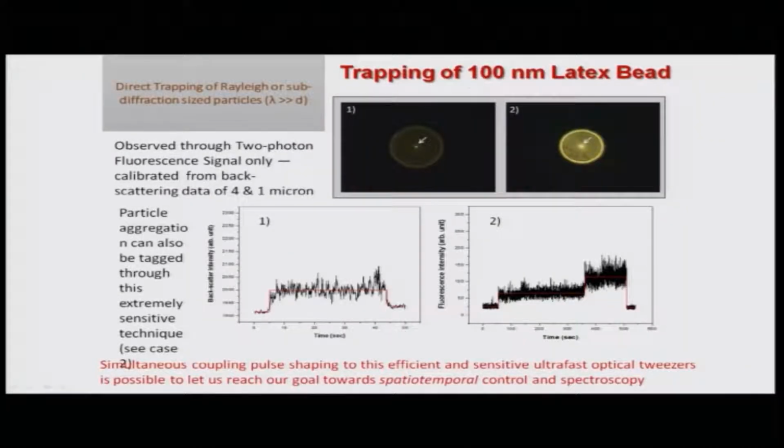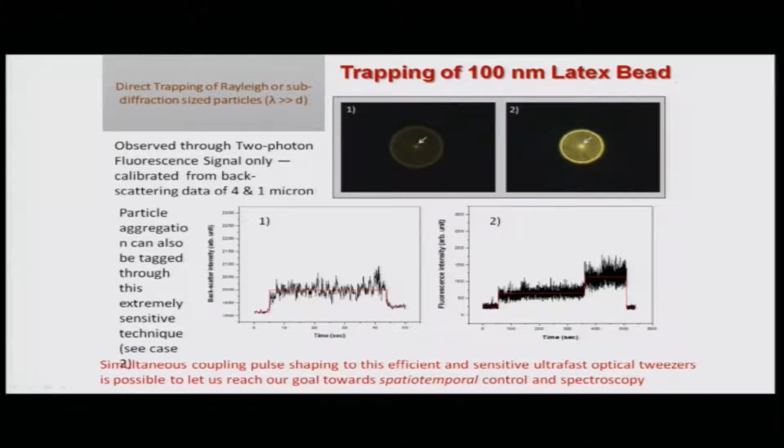So, for instance, with a 100 nanometer polystyrene bead particle with 800 nanometer wavelength laser pulses, we are under the condition where the wavelength of light is greater than the diameter of the particle being looked at. So, it is in some sense better than the diffraction limited condition.